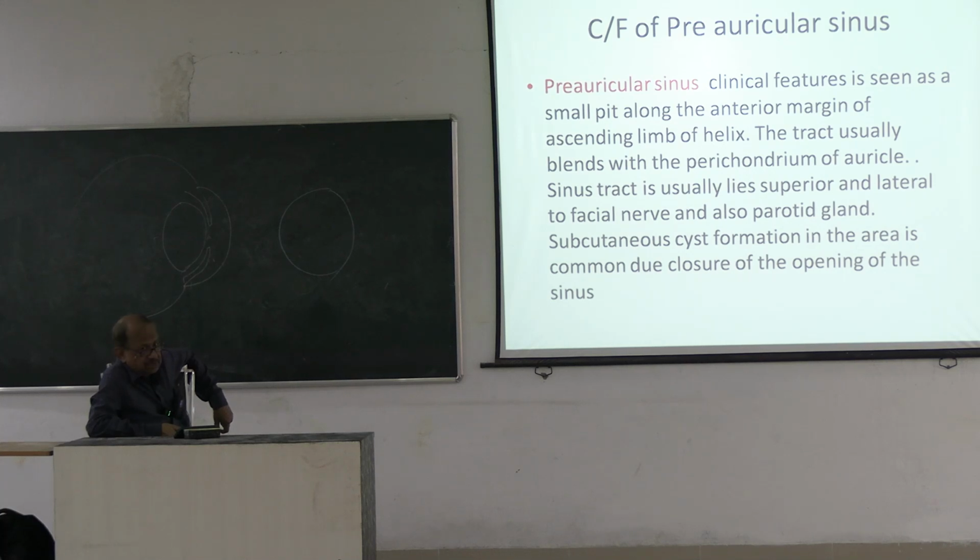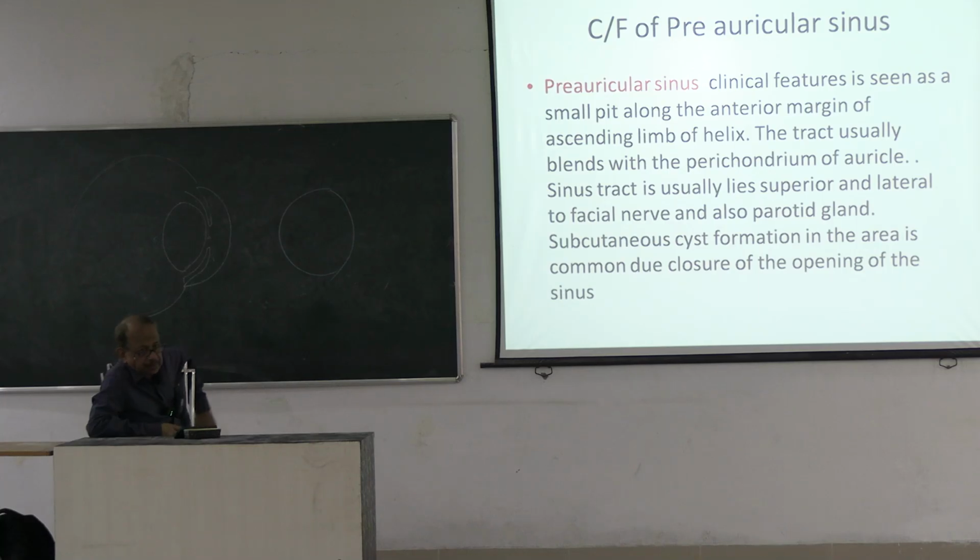The peculiarity of the sinus is it lies superior and lateral to the facial nerve. It is very important. And subcutaneous cyst formation in the area is common due to closure of the opening of the sinus. It is a tract, I already told you.